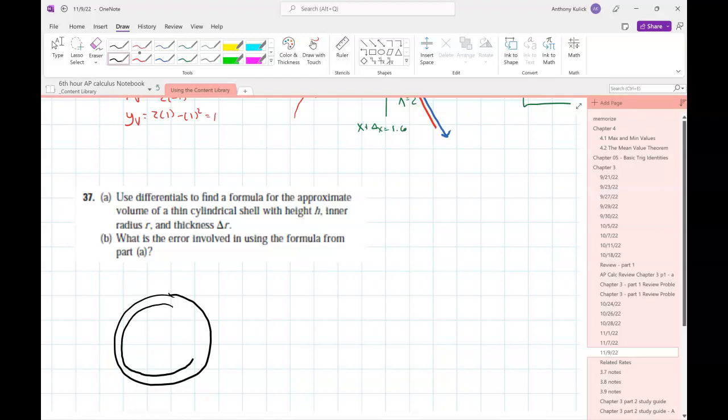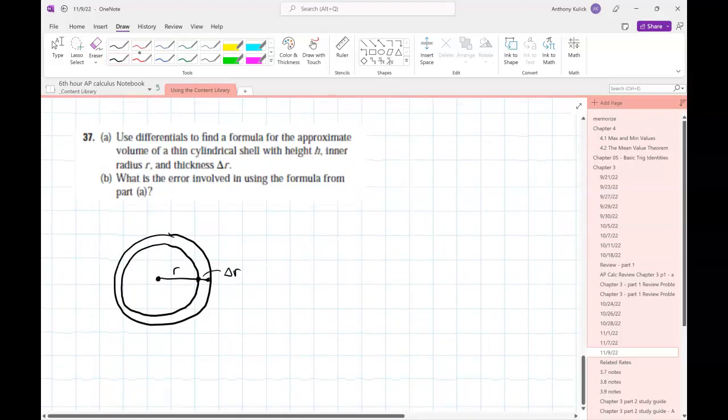And it says a cylindrical shell, so what it means is like a tube, right? Like a pipe. And it says that we have an inner radius of r and a thickness of delta r. And then the height of that cylinder is h.